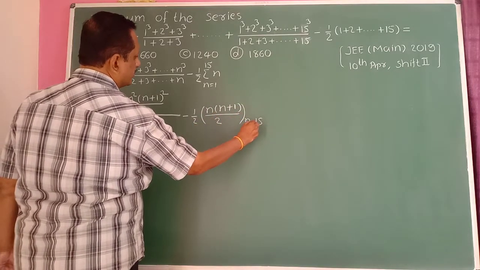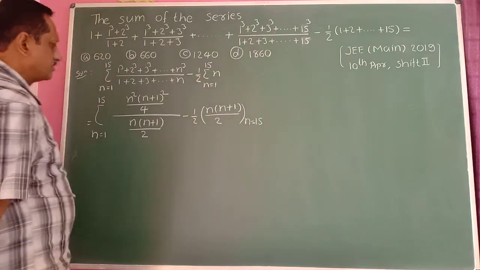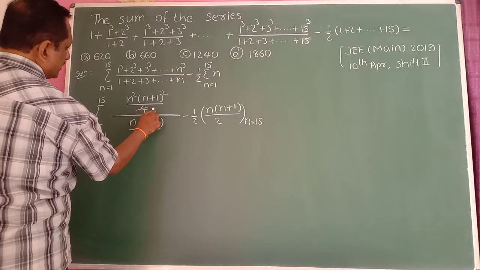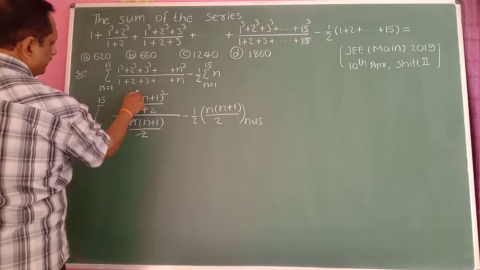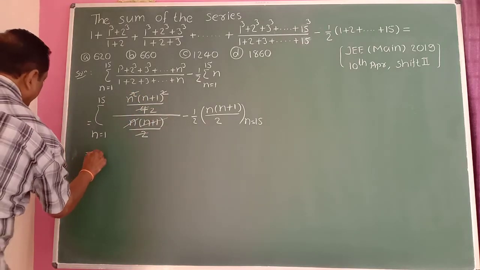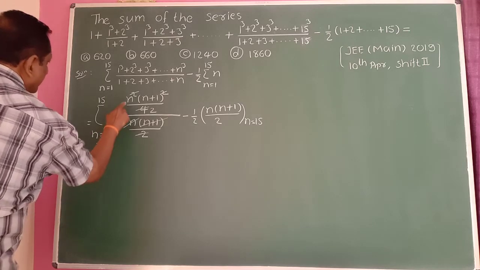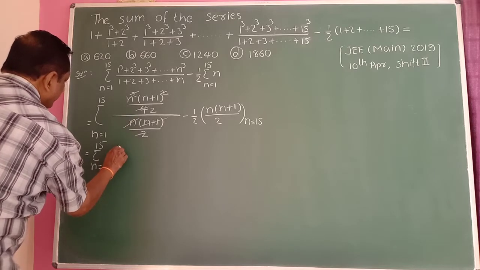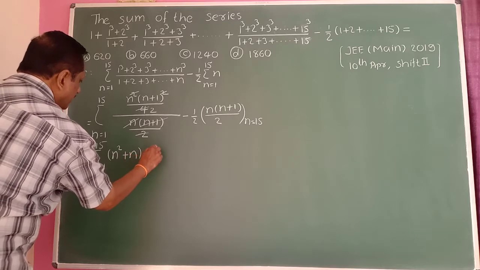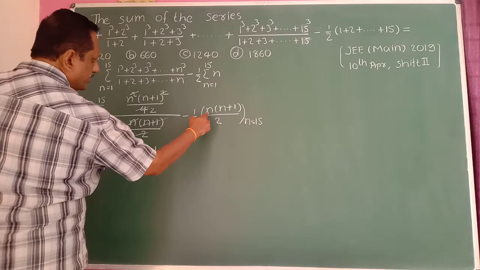Here the 2s cancel, n and n cancel, and n plus 1 cancels. Therefore n into n becomes n square, n into 1 becomes n, and 2 into 2 becomes 4.